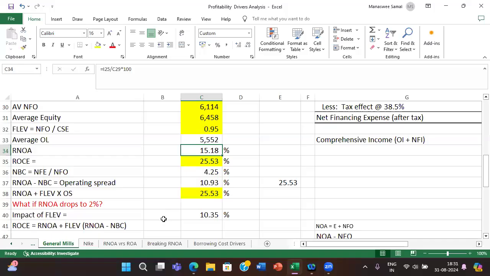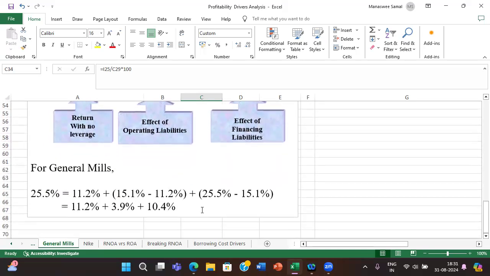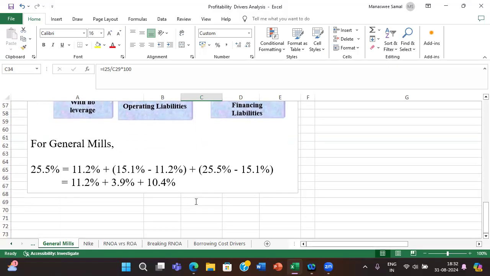Now you want to deep dive into this number, 15.18. How much out of 15.18 has General Mills been able to get because of the use of operating liability? If that is your objective, you can see here how the final decomposition looks. Your RUA is 11.2%, and this 11.2% is levered up to 15.1%, rounding off to one decimal point.